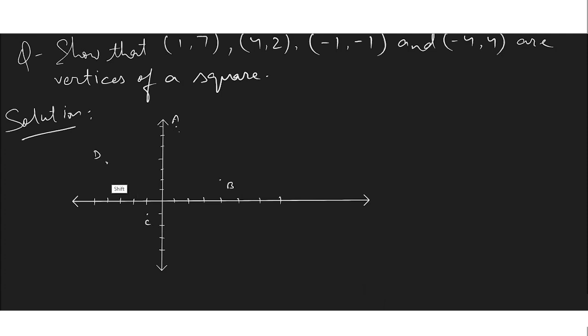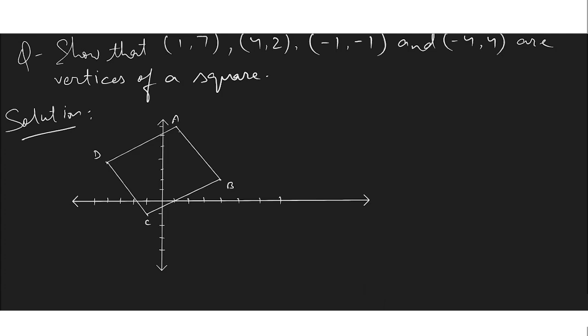So if we join these points, we have a square. Means points A, B, C, and D are vertices of square, and we have to prove it.